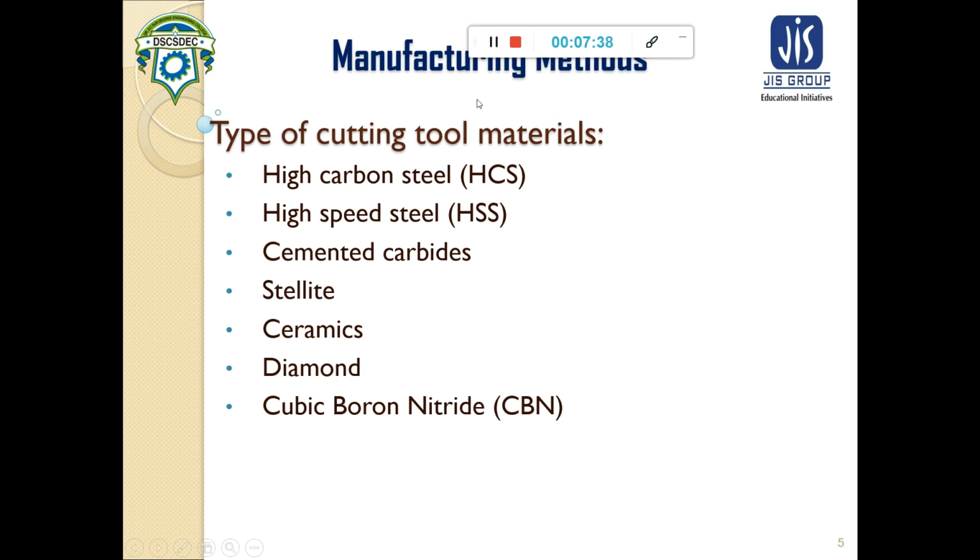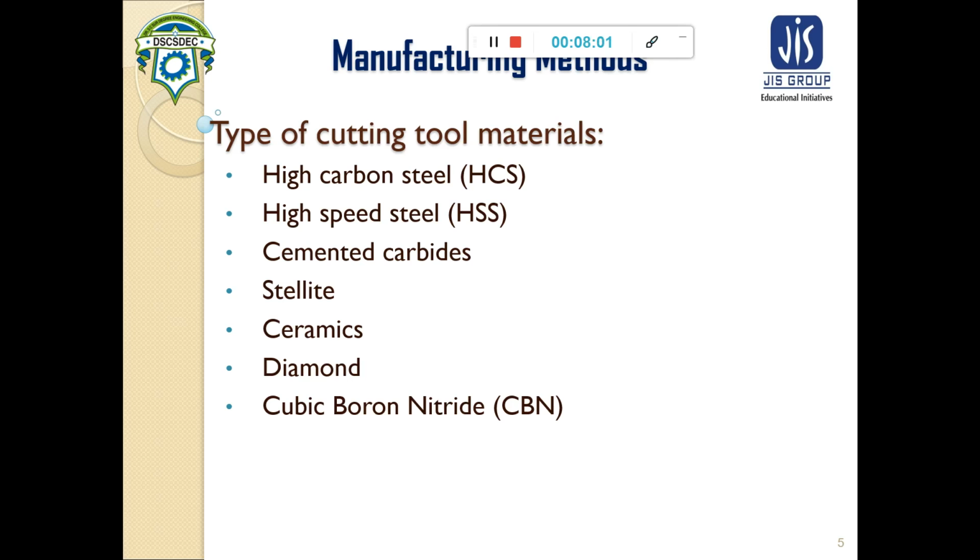That means high carbon steel has the lowest hardness among these cutting tool materials, but above that, high speed steel has more hardness than high carbon steel, and cemented carbide has more hardness as compared to high speed steel.